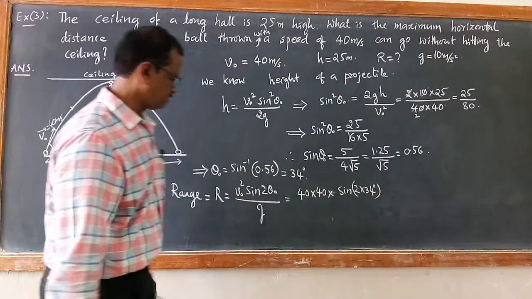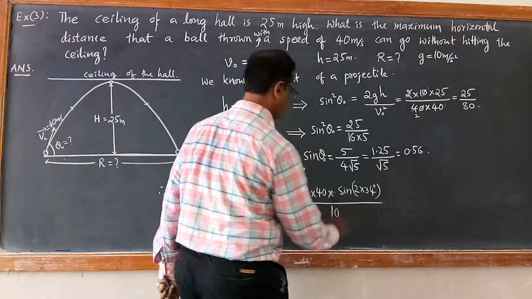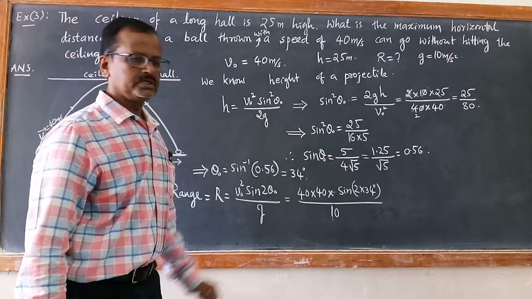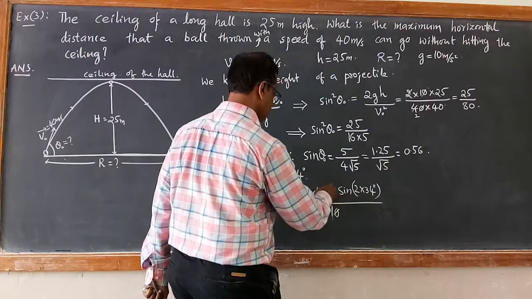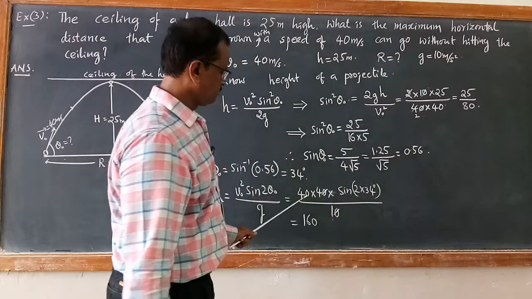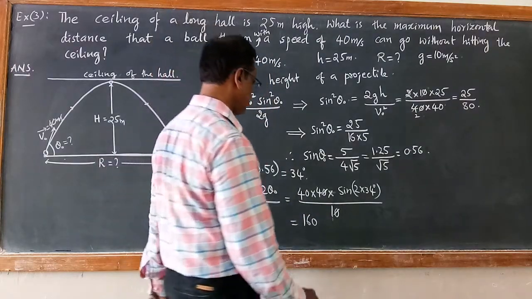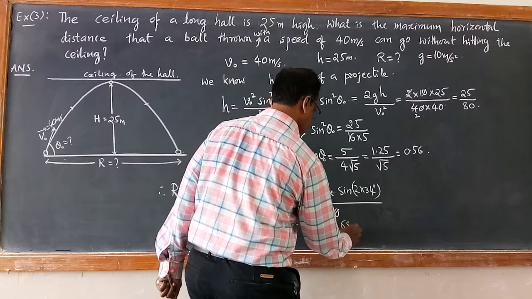sin 68 by g. As I said, for our convenience we have taken g to be equal to 10 meter per second square. So if you cancel this, that becomes 160. 16 4s are 160. 160 into sin 68 degree.